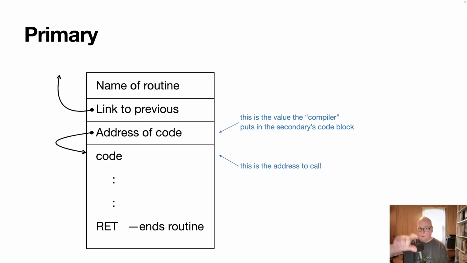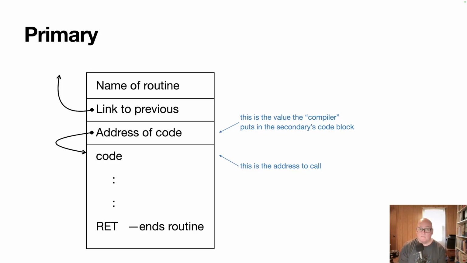So you'll have a pointer to the name of the routine for the previous entry, then the address of the code, like his example, then the code itself, and finally it ends with ret, which is the normal return. I think we'll be able to do a return through the link register, just completely like a normal assembly routine.